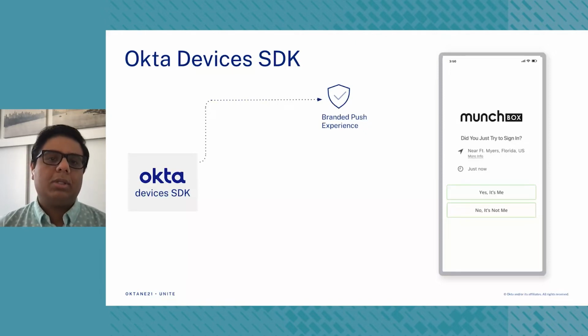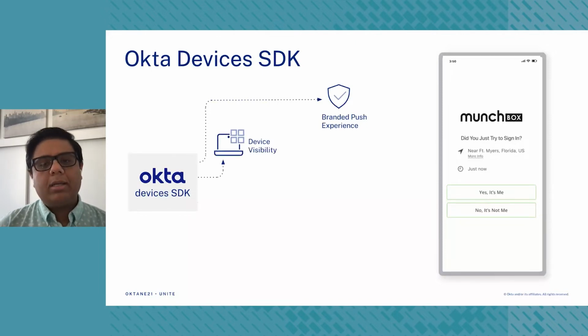Every pixel that you see on the screen can be customized and branded by the app developer. You control the entire experience, whether it means the text on the notification, the images on the notification, the localization, as well as any experience that could happen when the application launches and what steps a user may need to take to verify the push transaction.